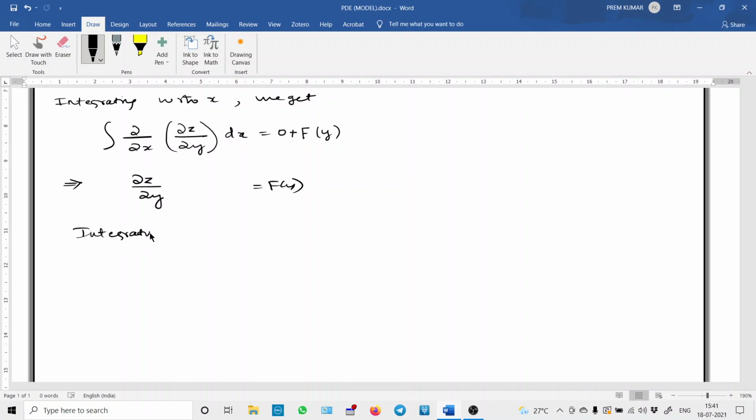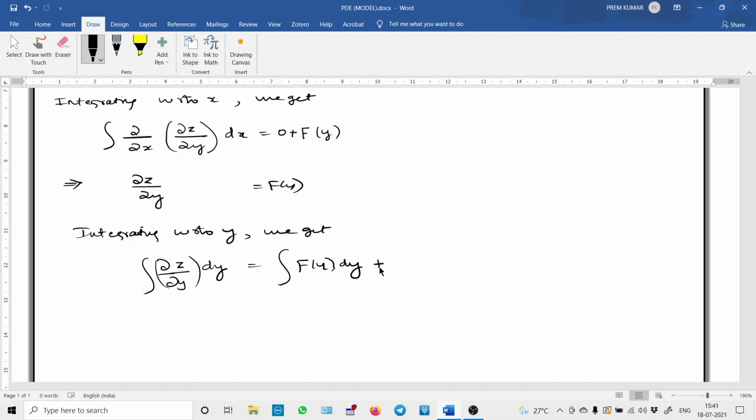Now integrating with respect to y, we get, see, this term we are integrating with respect to y. So here on the right hand side this becomes f(y) and we are integrating with respect to y, and since we are integrating partially with respect to y, x is treated as a constant.